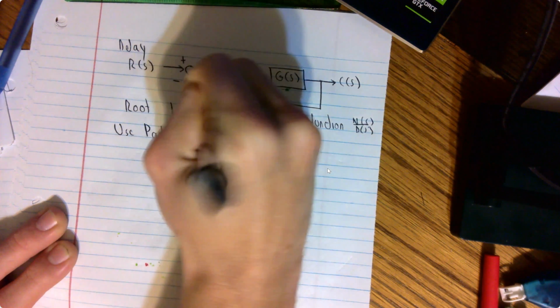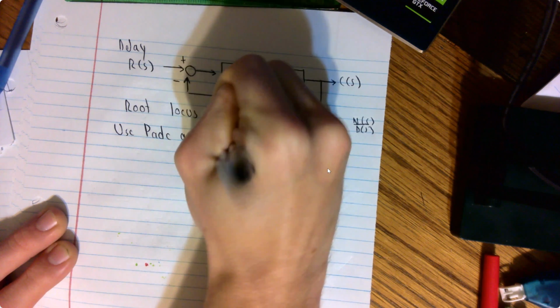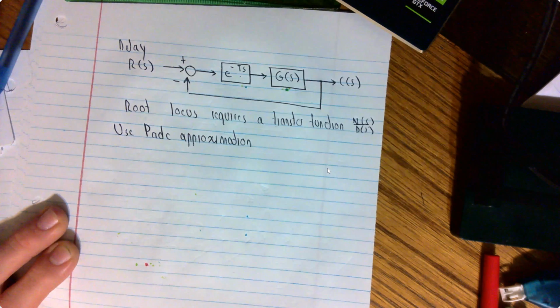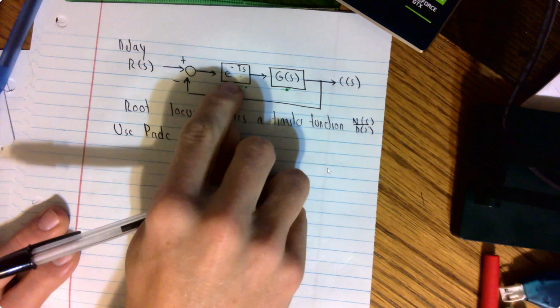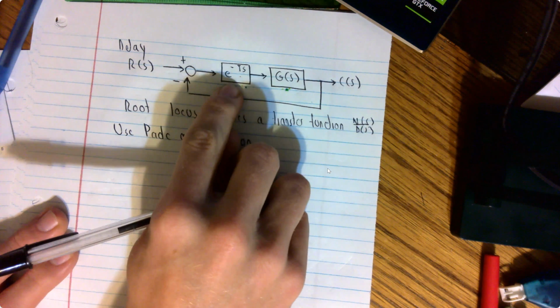So the Padé approximation basically puts this in the format so we get a numerator polynomial and a denominator polynomial. And so say, for example, we have a delay of 1.